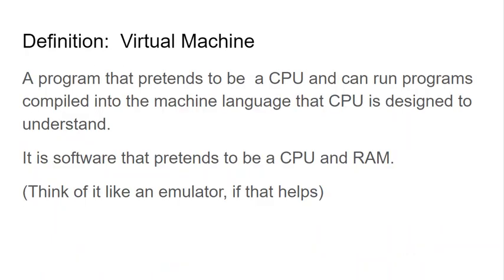So here it is, kind of formally stated. A virtual machine is a program that pretends to be a CPU and can run programs compiled into the machine language, the ones and zeros, that CPU is designed to understand. You can think of it like an emulator for a piece of hardware that only exists on paper.